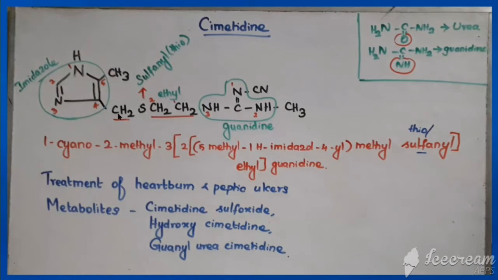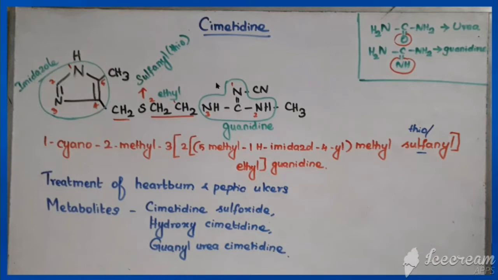That is connected to methyl, and the carbon of the methyl is attached to imidazole, at the fourth position of imidazole, and this imidazole has a methyl in the fifth position. So what is the heterocyclic ring present in cimetidine? That is imidazole.